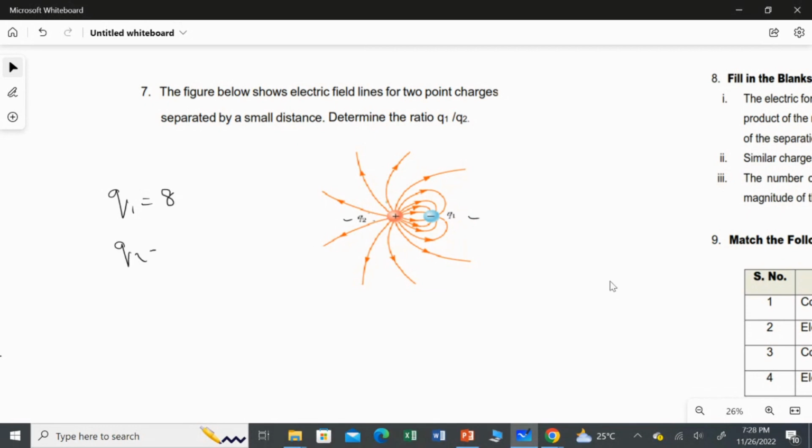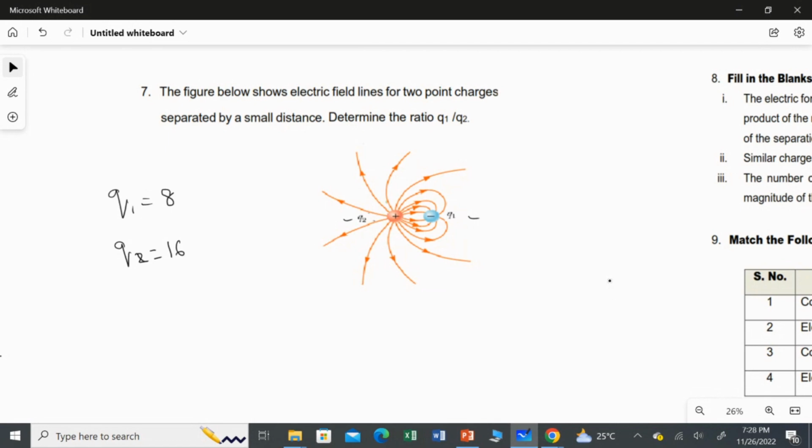For Q2, how many electrical field lines are coming out? 1, 2, 3, 4, 5, 6, 7, 8, 9, 10, 11, 12, 13, 14, 15, 16 electrical field lines coming out of charge Q2, right?